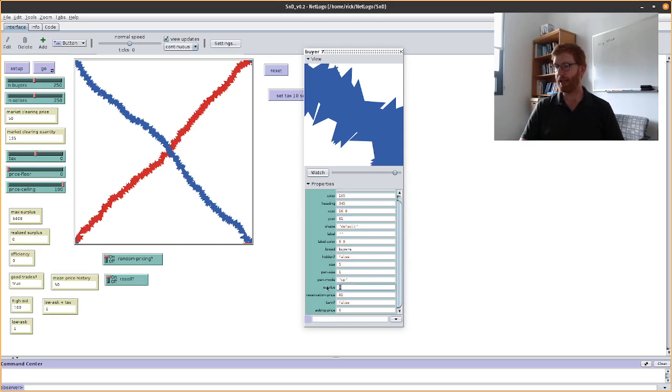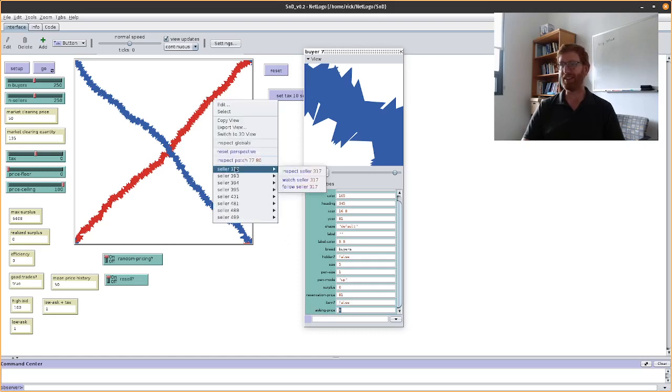They are marked as having 0 surplus, having a reservation price of 81. So this is them saying, I expect to get $81 worth of value out of the good that I'm trying to buy in this market. They do not have the item yet, so they are still going to keep trying to buy, and they don't have an asking price because they're not asking to sell it.